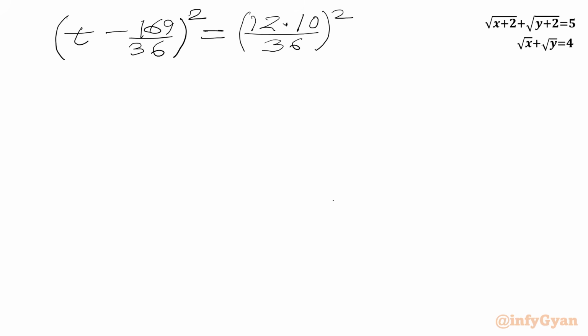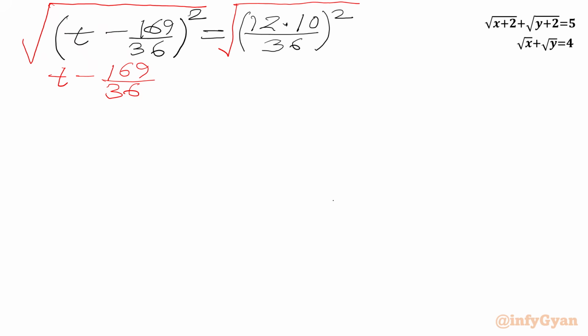Now we will take the square root on both sides. So let me demonstrate here the square root. Now we will cancel the square root with the square, but we have to keep the plus minus sign over there. So we will write t minus 169 over 36 in the LHS, plus minus, here we'll write 12 times 10.